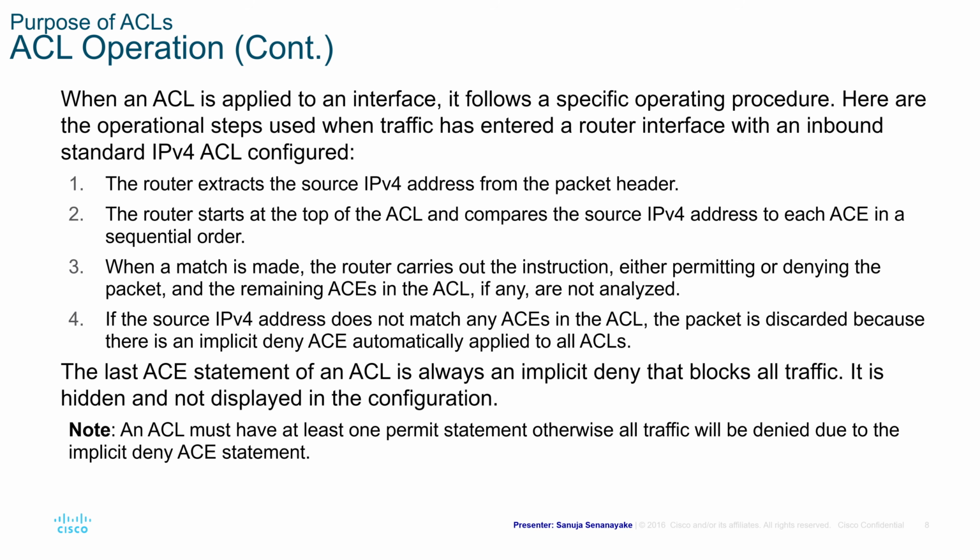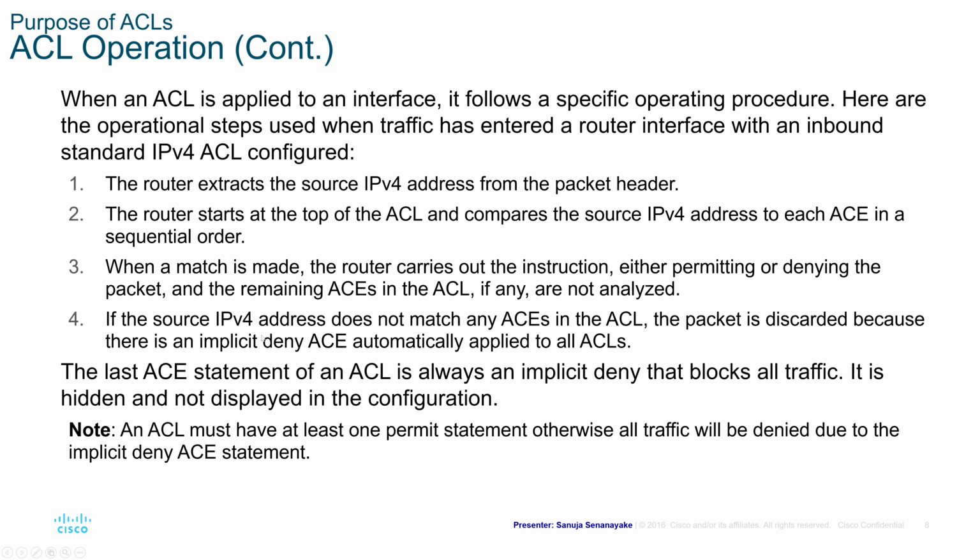If you have an ACL implemented on this incoming interface, and if none of the entries matches any of the packet header information, the packet will be discarded. So if the source IPv4 address does not match any ACE in the ACL in this example, the packet is discarded because there is an implicit deny ACE automatically applied to all ACLs.